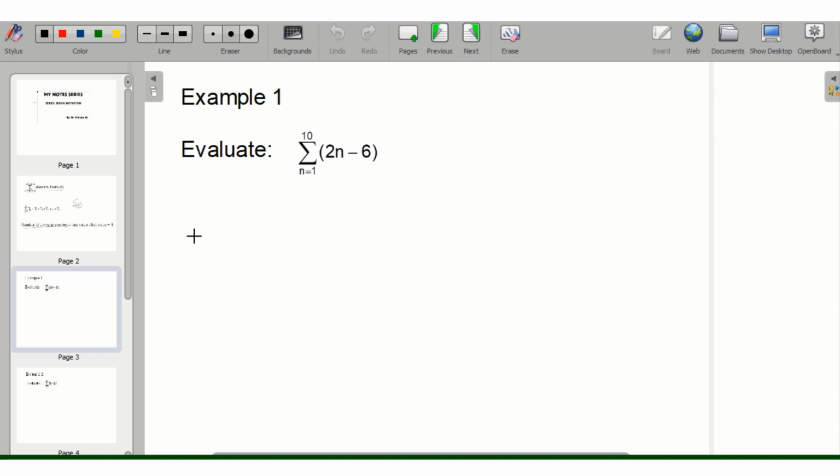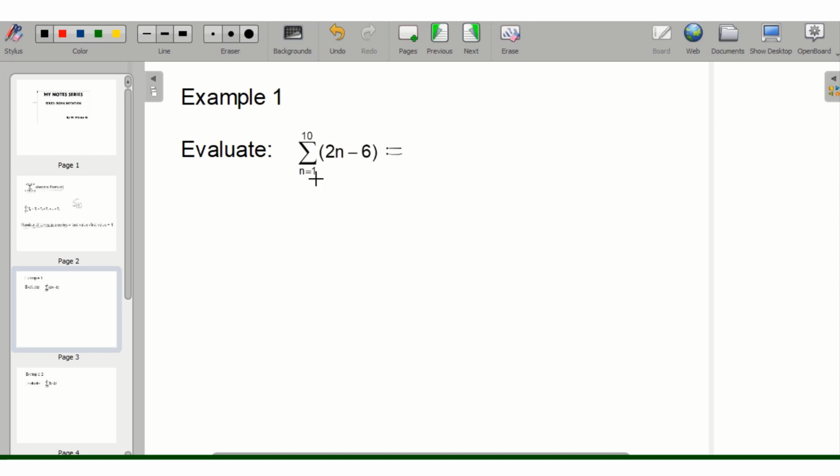So for example 1, you are given a series, but with this series you don't know what type of series it is. So whenever you are given a series in sigma notation, the first thing that should come to mind is expansion. You need to get your series written in terms of first term, second term, third term, and so on.